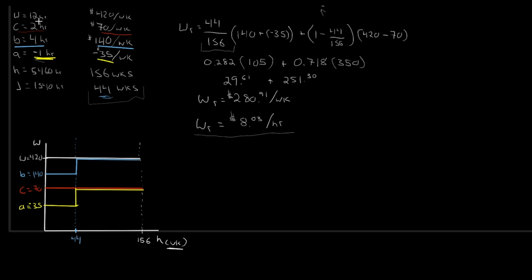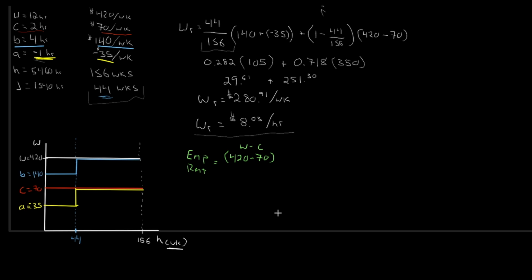We can do that using the way that we said we can define employment rent. Employment rent is going to be our wage minus our cost. So 420 minus 70, wage minus cost. That's what we get if we choose to work. But what is the benefit of choosing to work over that next best alternative?